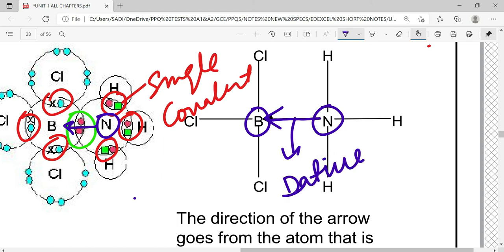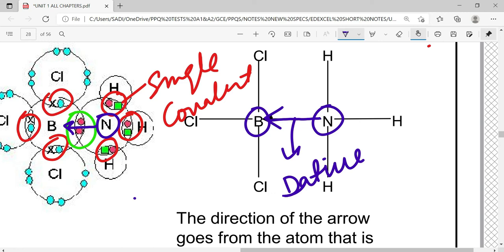Now, what is the difference between the normal and the dative? The normal covalent bond is a 50-50 sharing, and the dative covalent bond is a 100-0 sharing. Number two, it does not make any difference in terms of adding and removing electrons. The number of electrons stays the same.